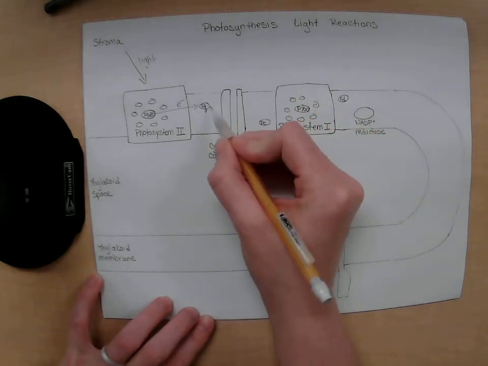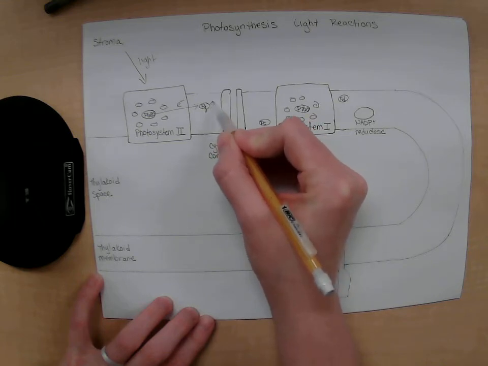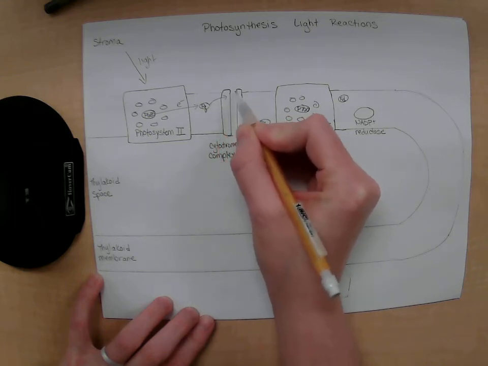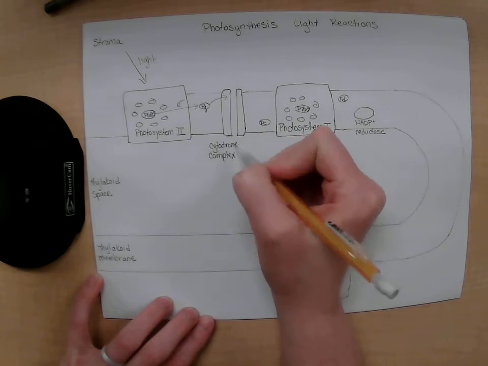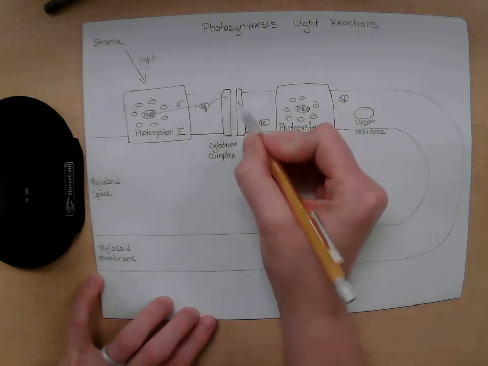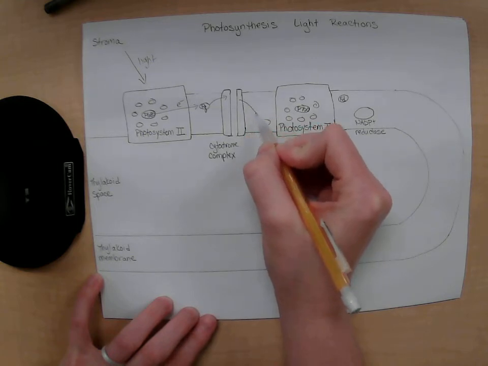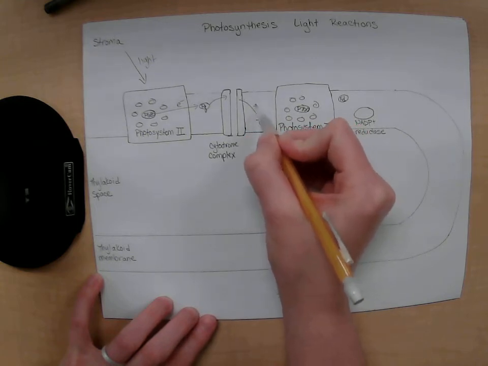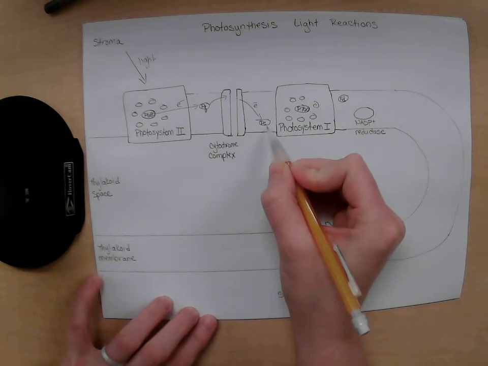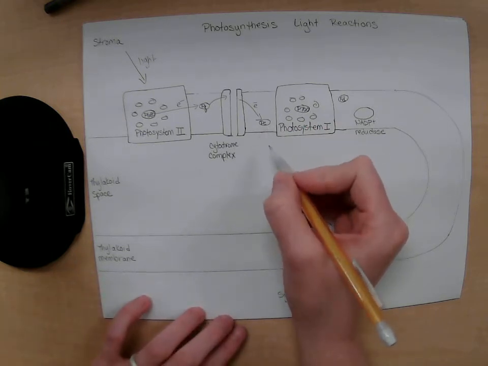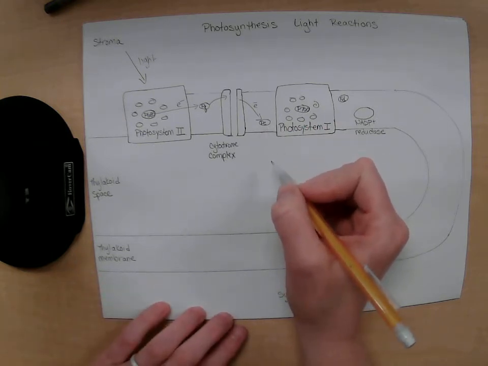It's going to carry them to the cytochrome complex, which is going to cause this to open. This cytochrome complex channel is now going to open, and then the electrons are going to jump to PC, and that's the first step of our process here.